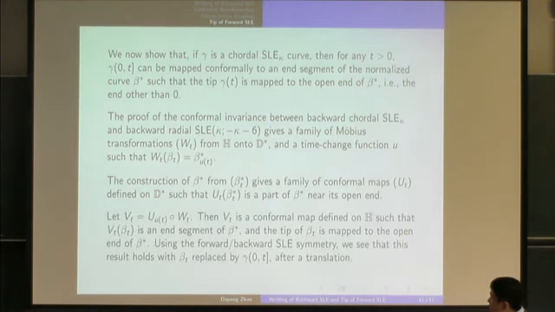So now we let V_t equal U_{u(t)} composed with W_t. The V_t is a conformal map defined on the upper half plane, so that the image of beta_t under V_t is an end segment of beta star, and the tip of beta_t is mapped to the open end of beta star. Now, using the forward-backward SLE symmetry, we see that this result holds with beta_t replaced by the gamma up to time t after a translation.